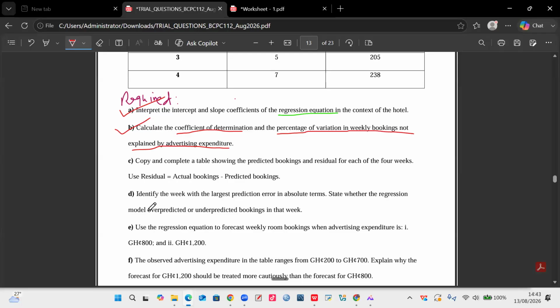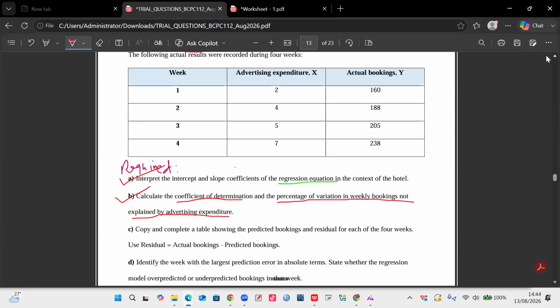Use residual equals actual bookings minus predicted bookings. So let's see what we can do. Let me check the question carefully.